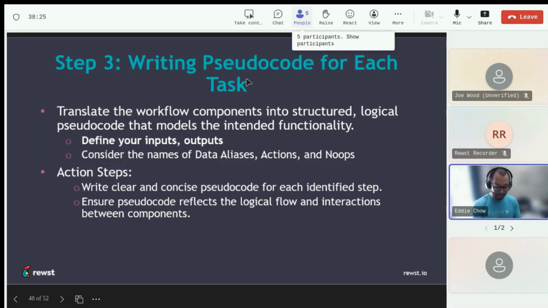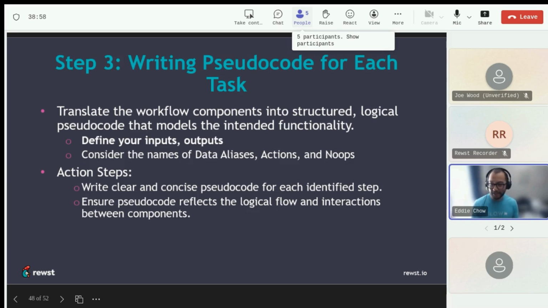So from there, once we have those things lined up, we can write out the pseudocode. And during the pseudocode process, this gives us a great opportunity to define what are our inputs, what are our outputs, as well as start thinking about names for our data aliases, for our actions, for the variables that we're going to be working with. Again, sometimes the hardest part in building our workflows is determining what do we name a variable that we're going to create?